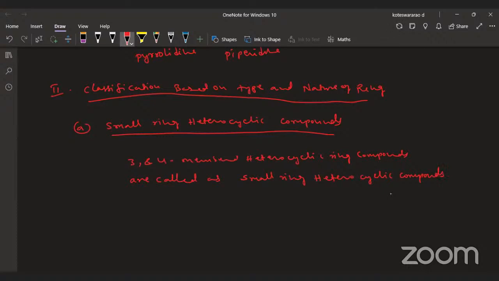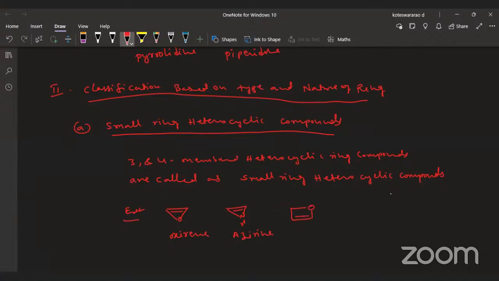For example, you can take a 3-membered ring with one heteroatom oxygen, that is oxirene. With nitrogen as the heteroatom, the name is azirine. If it is a 4-membered ring with oxygen, here it is having one pi bond.